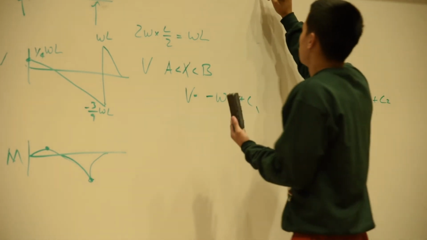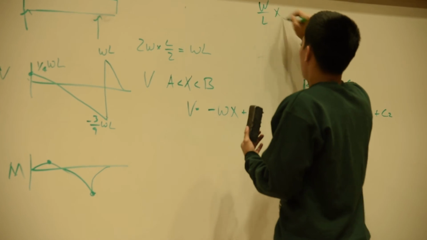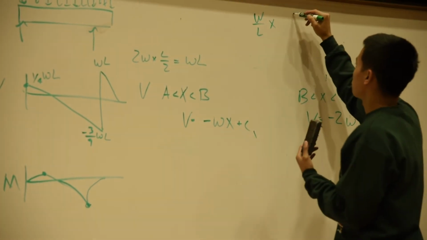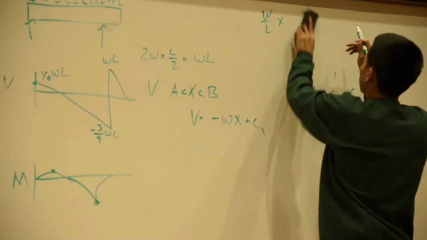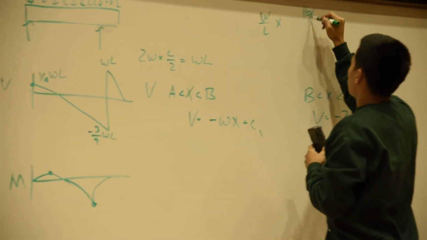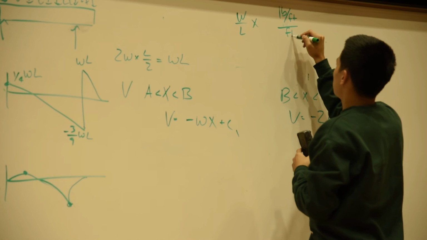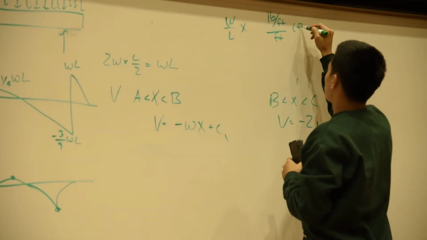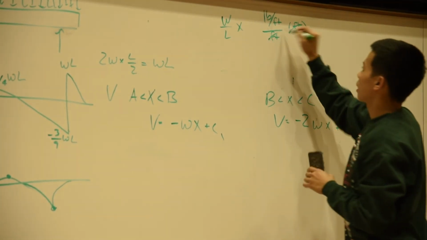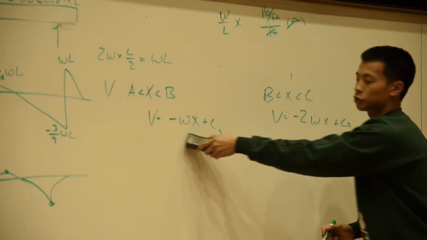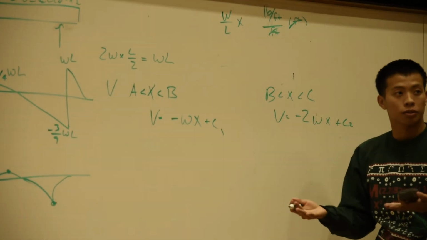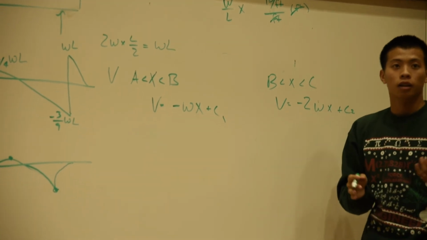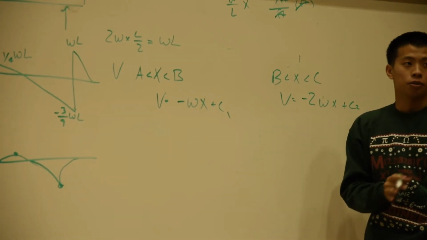So if you were to do what you said, W over L, X, your units would be, for example, pounds per foot divided by feet times feet. Okay, these would cancel out, and then your shear force would be in units of pounds per foot, which isn't correct. It should be in pounds, right? So that's one way you can check to make sure if your variables are right.